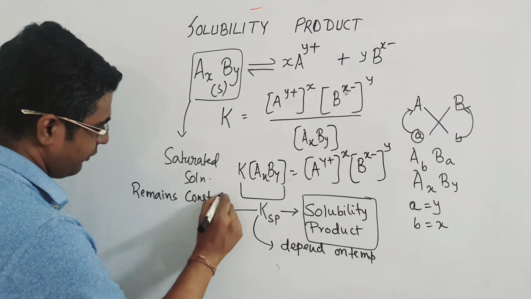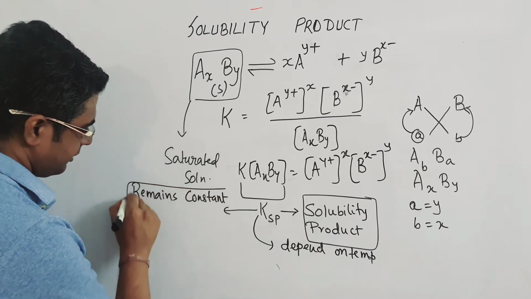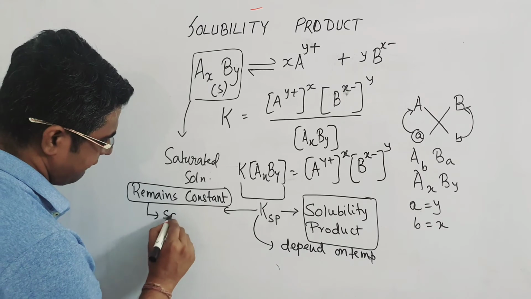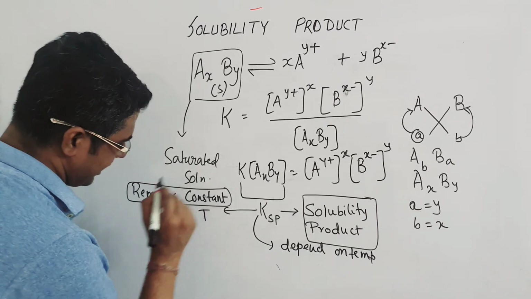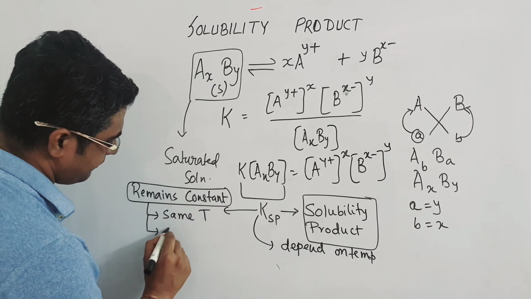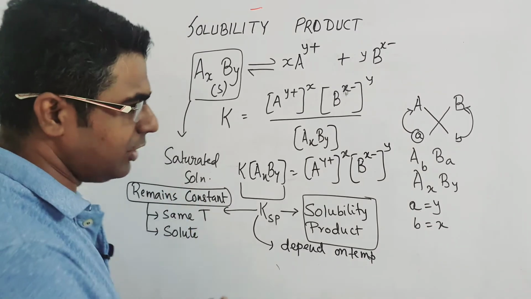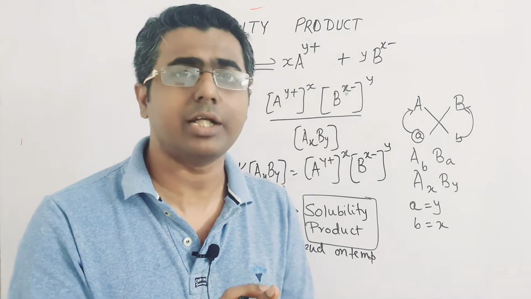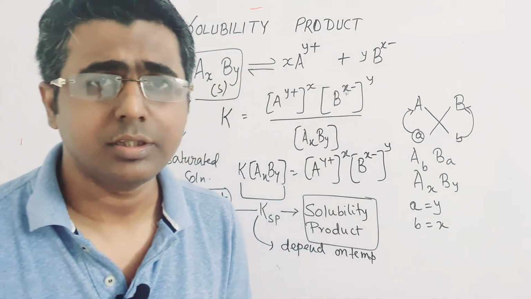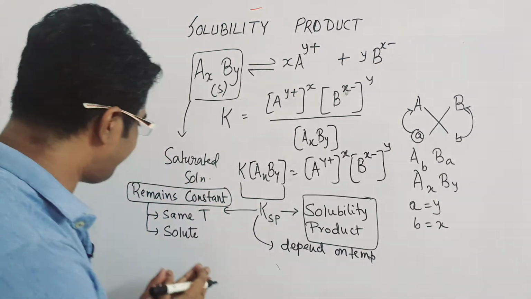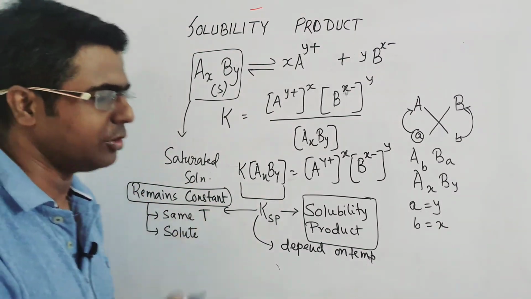Solubility product will remain constant at what condition? If the temperature doesn't change, that is same temperature. Number 2, solute. For a particular solute at a given temperature, solubility constant doesn't change. The solubility product is not going to change at a particular temperature and for a given solute.